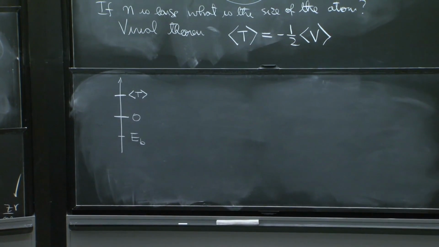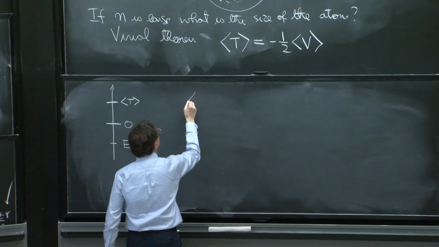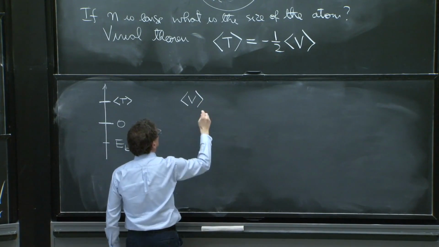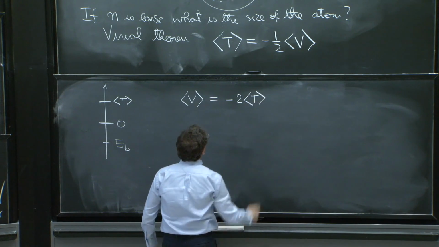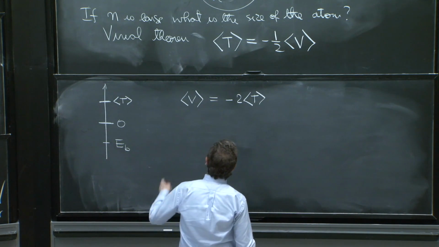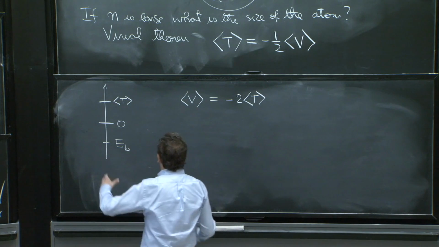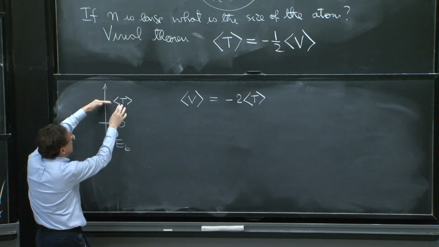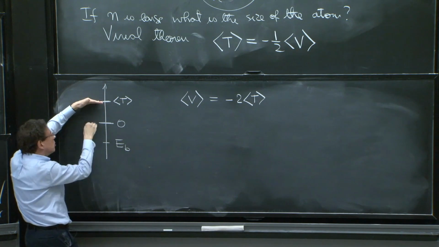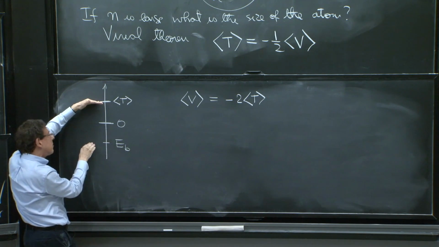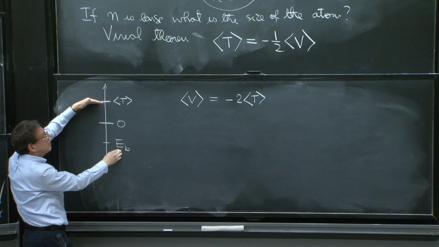Why do we see that? Because then we have that V from this equation is minus 2t. And if V is minus 2t, means that t plus V is t minus 2t, and t plus V is the total energy.